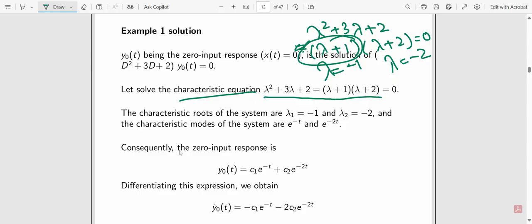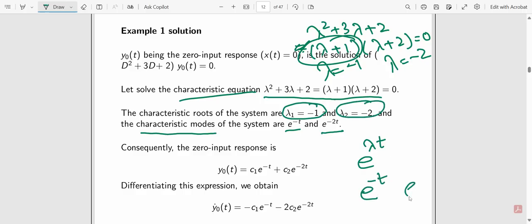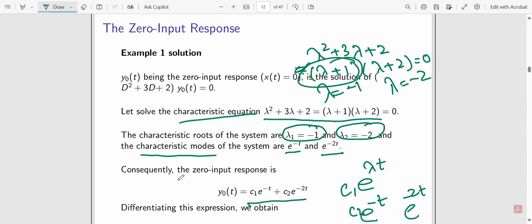Now, in order to find the characteristic modes of the system, we have e raised to the power minus t and e raised to the power minus 2t, because if you remember, it is e raised to the power lambda t. Here lambda 1 is -1 and lambda 2 is -2. You just need to combine them with the constants c1 and c2.